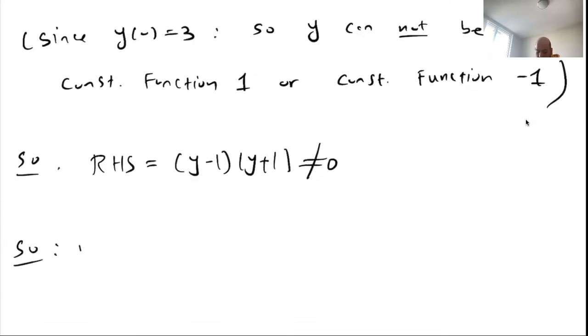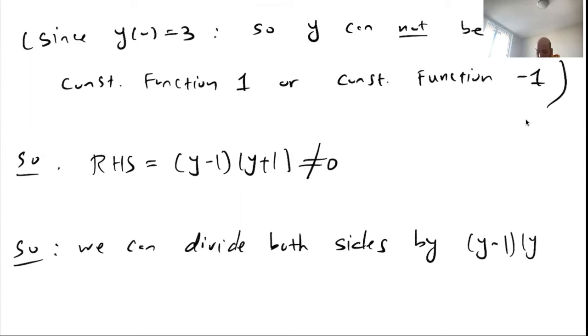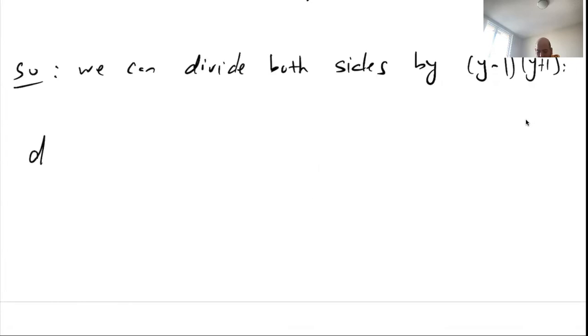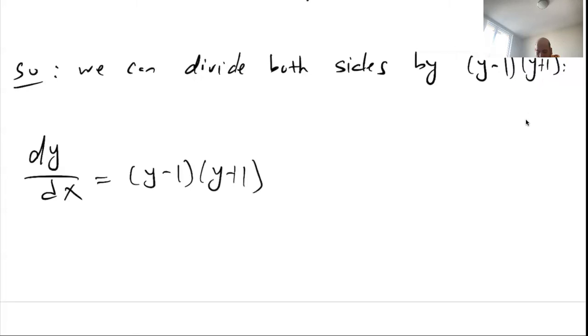So we can divide both sides by this expression, which is y minus 1 times y plus 1. And then we get dy over dx divided by y minus 1 times y plus 1 equals 1.